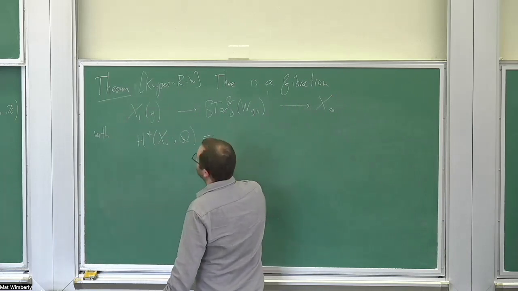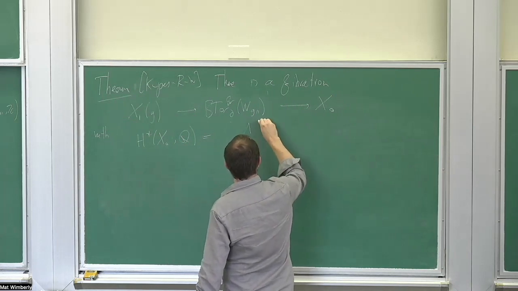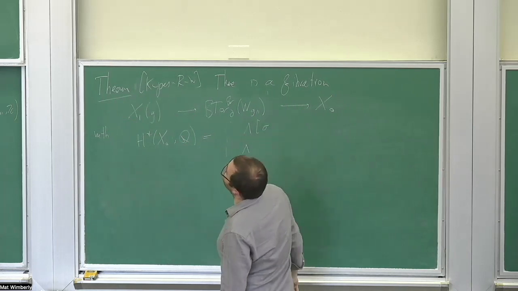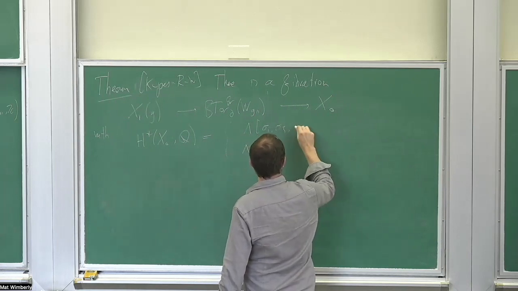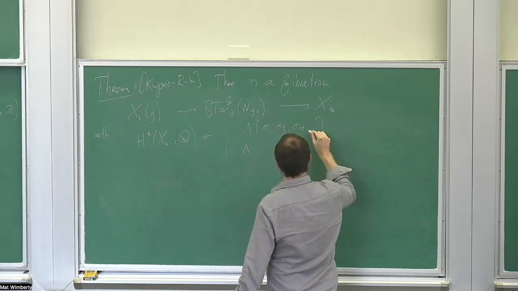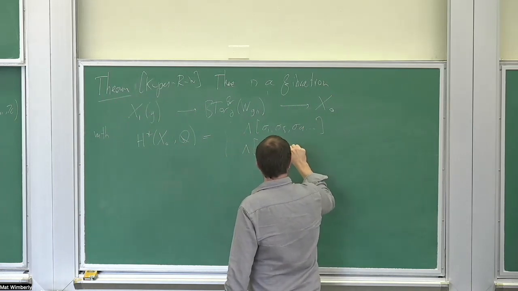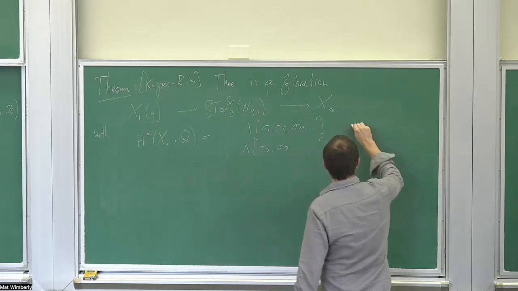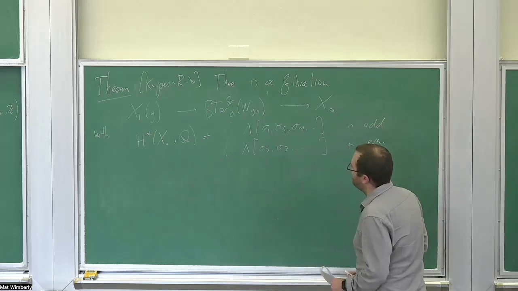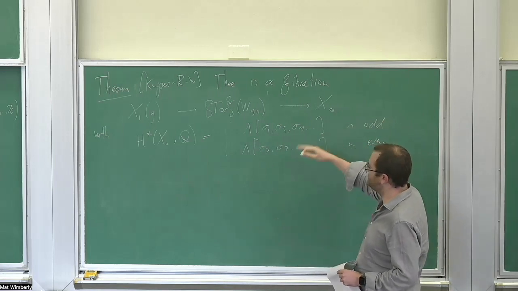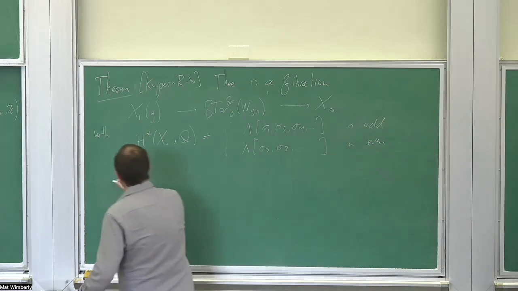It depends on these two cases, but it's an exterior algebra in both cases, and it's an exterior algebra on classes in degrees 1, 5, 9 in the first case, and 3, 7 in the second case. So this is n odd, n even. That's just a simple thing. In fact, X_0 is even an infinite loop space. It's a very easy structure.